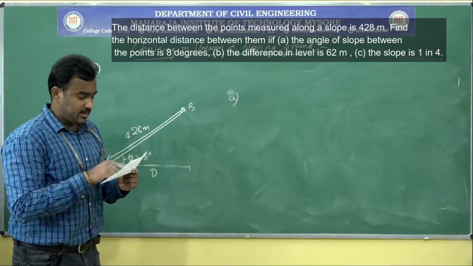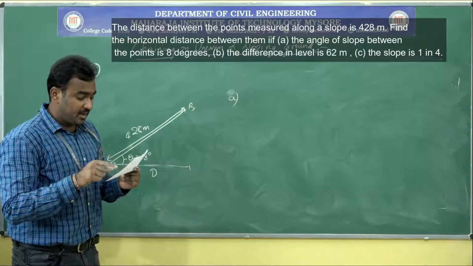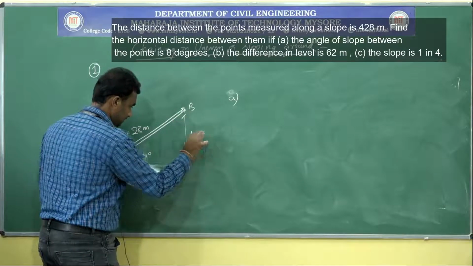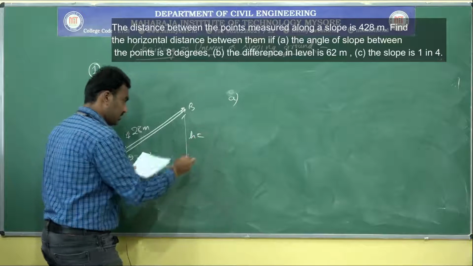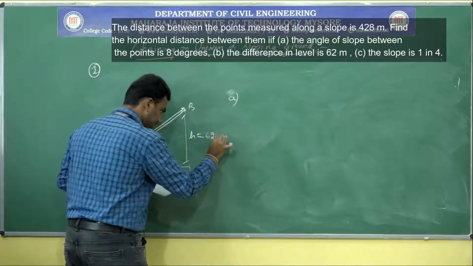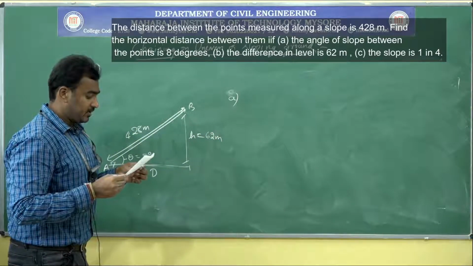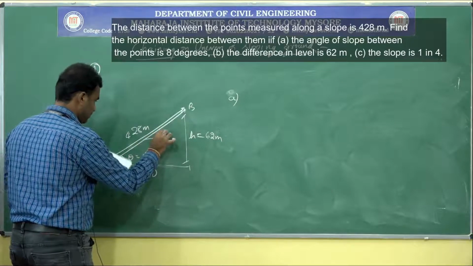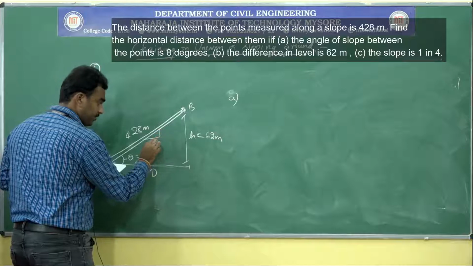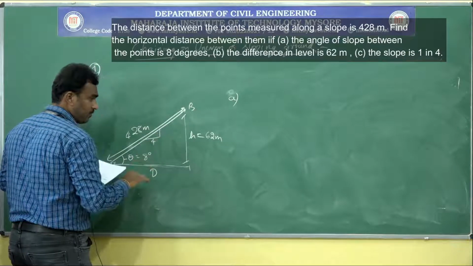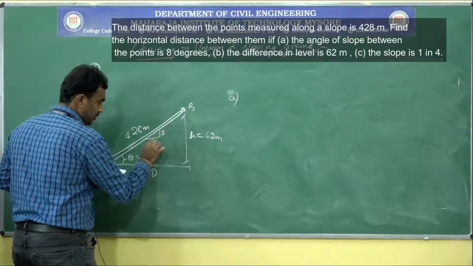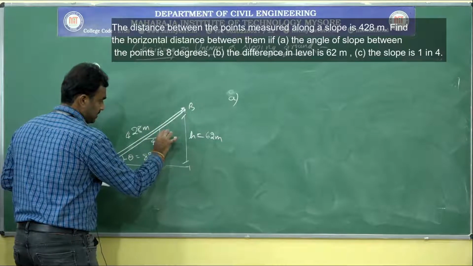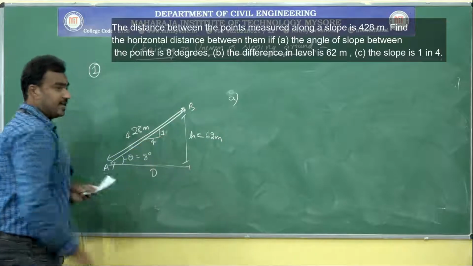And the second case, if the difference in level, small h, is equal to 62 meters. And finally, another condition: if the slope is 1 in 4, that means for 4 horizontal, 1 vertical will rise. So this is the slope. These are the three conditions which they have given.